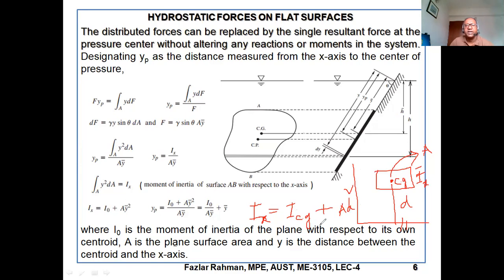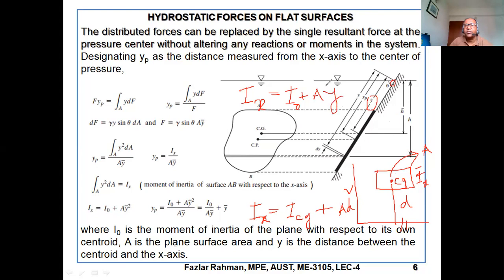So this ICG I can express with I naught. I am saying I naught plus area into d square. So what is our d? Right over here it is y bar, right? D is the distance from CG to the axis. So our x-axis is right over here, going perpendicular to the screen. What is the distance of CG? Y bar.